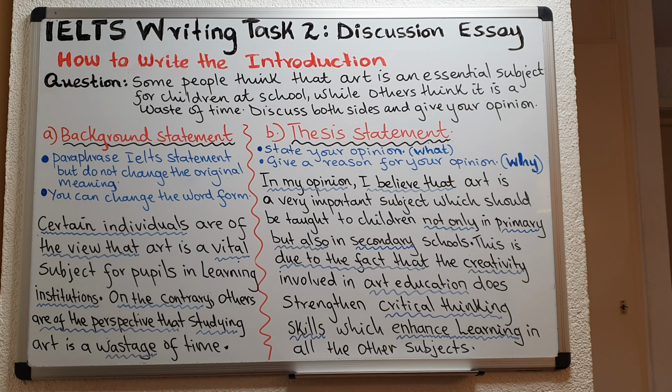You will also be marked on vocabulary, and finally you will be marked on grammar, that is your tenses, your plurals, your singular, subject-verb agreement, the correct use of vocabulary, and so on.